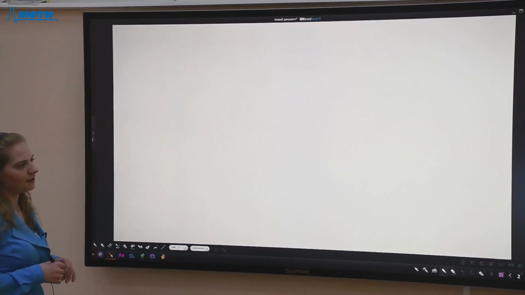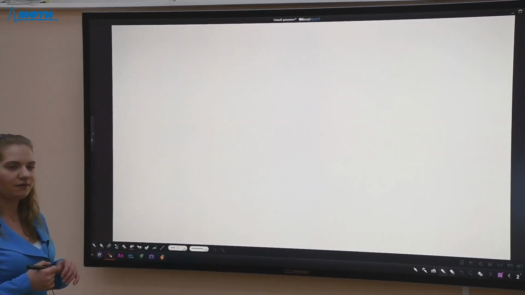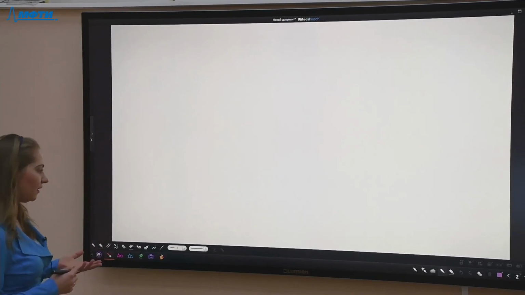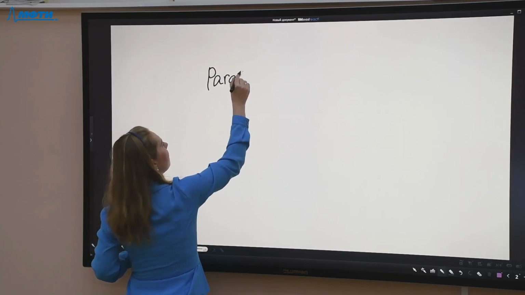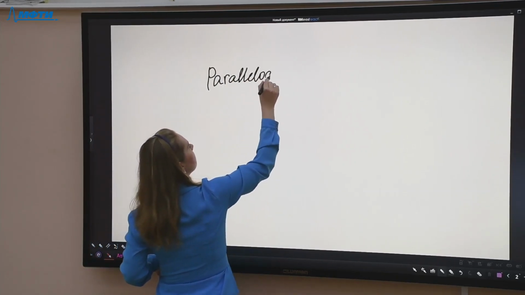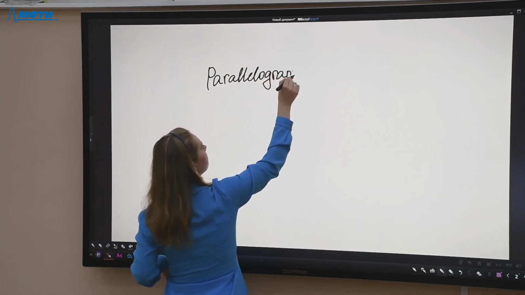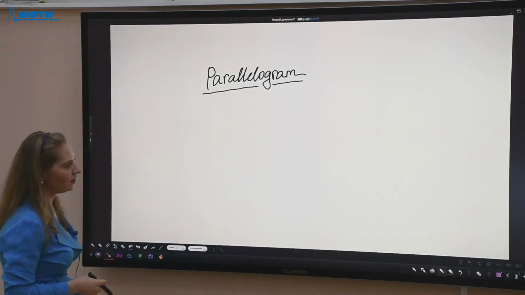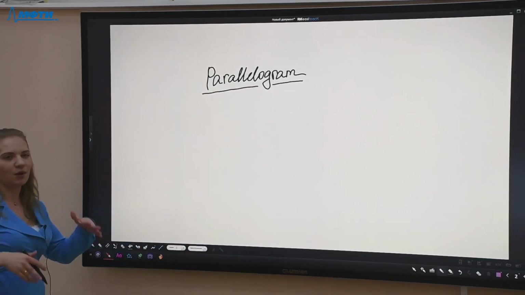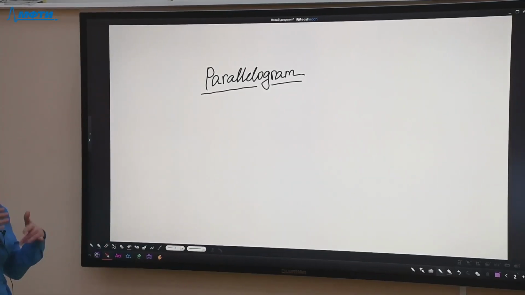Well, let's consider another special kind of quadrilateral, a parallelogram. A quadrilateral is a parallelogram if we have two pairs of parallel sides.